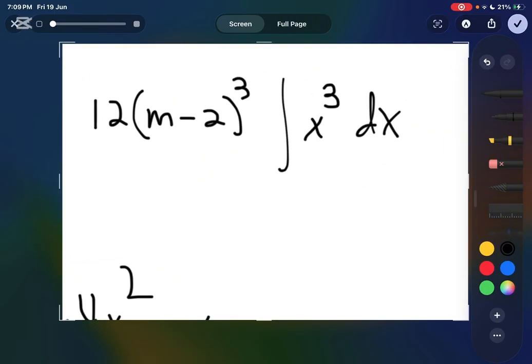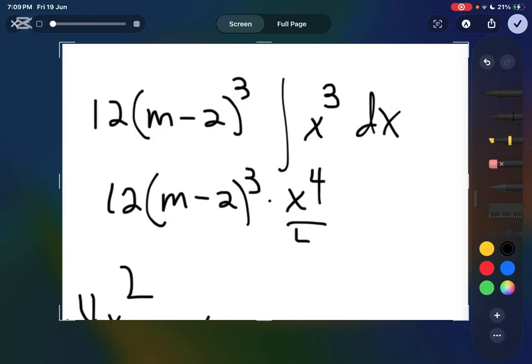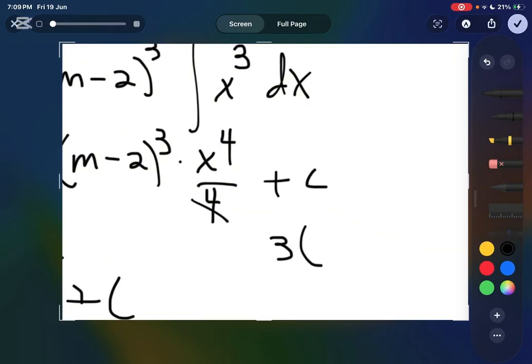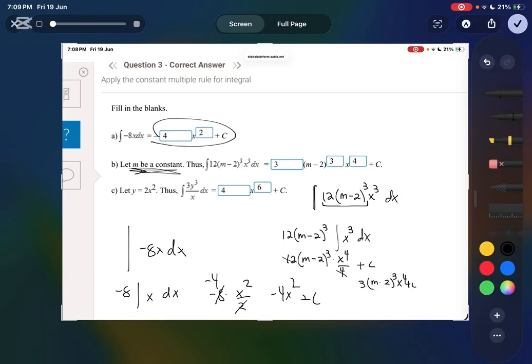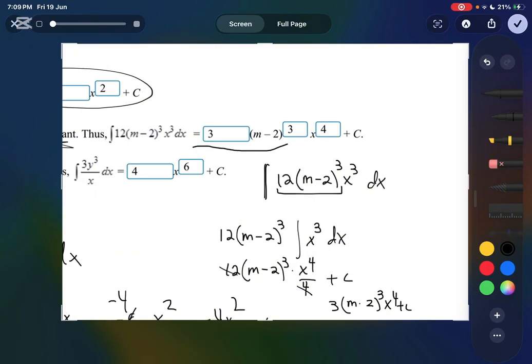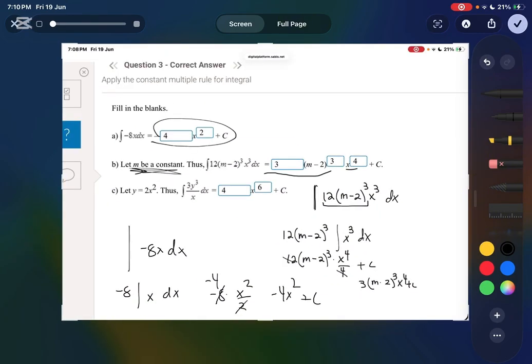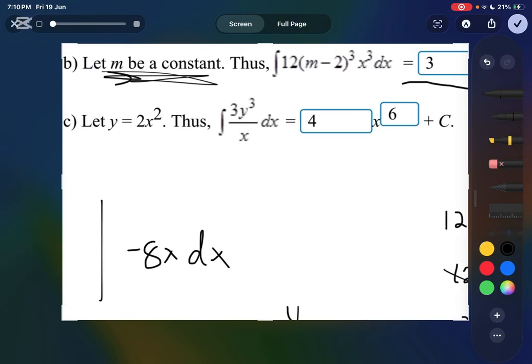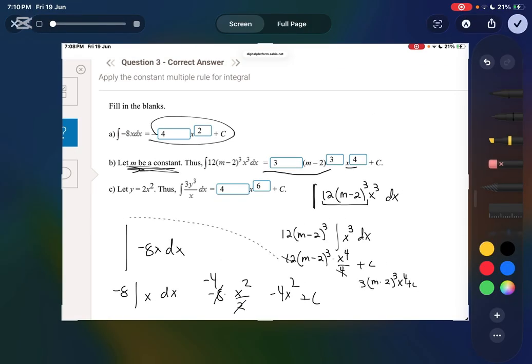So this becomes 12 of (m minus 2) all cubed times x to the 4 over 4, plus c, and then the 4 you can cancel with the 12, so now it becomes 3(m minus 2) to the power of 3 times x to the 4 plus c. So 3 up there and 4 up there. See, it's easy.